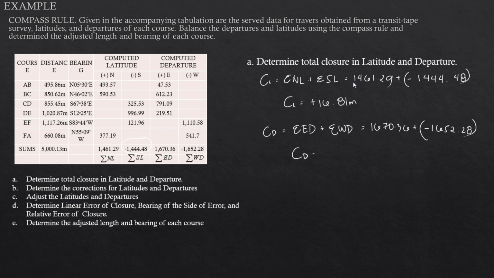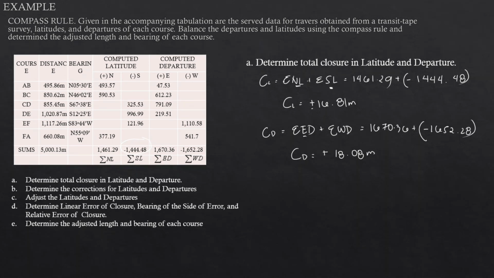CD natin ngayon is equal to, paki-compute, positive 18.08 meters. Positive siya kasi yung sum ng north latitude exceeds sa sum ng south latitude. So, mas malaki yung north. So, positive. Dito naman, mas malaki din yung east. Kaya, positive yung CD natin.